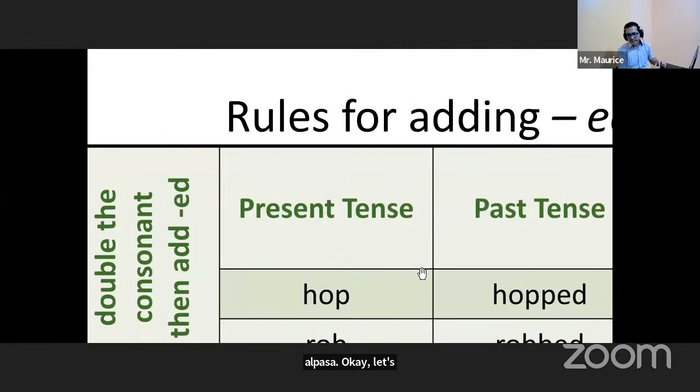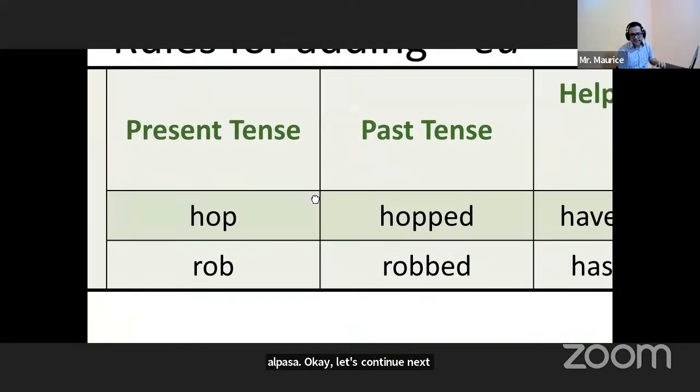Next rule. Siguiente regla. Hay verbos que son monosílabos. Una sola sílaba. Monosílabos como hop y rob. You see? ¿Qué sucede con estos tipos de verbos?